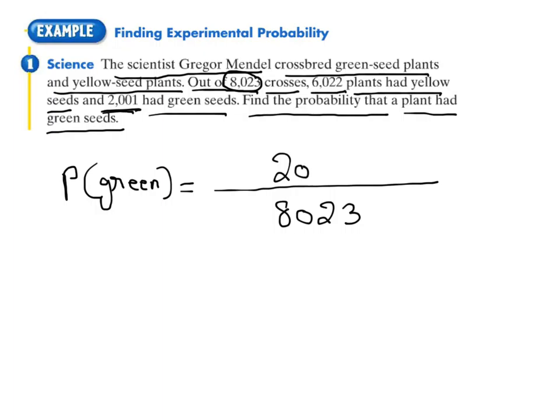So 2,001 times the green seeds occurred. So the probability of green is 2,001 divided by 8,023. It is 0.249. So the probability of the green seeds is 0.249.